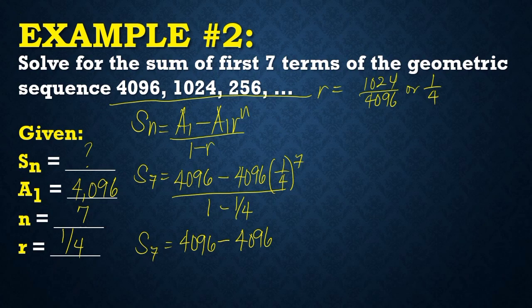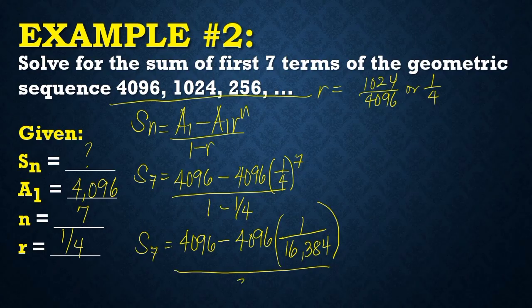Kapag i-multiply natin yon ng 7 beses, ang makukuha nating sagot ay 16,384. So magiging 1 over 16,384, all over 1 minus 1/4, that is 3/4. Okay, and then we rewrite.